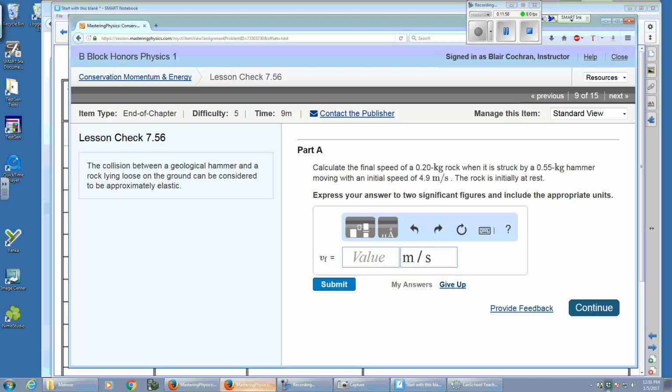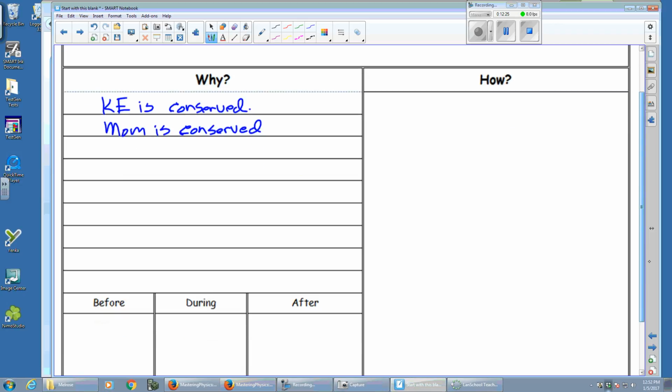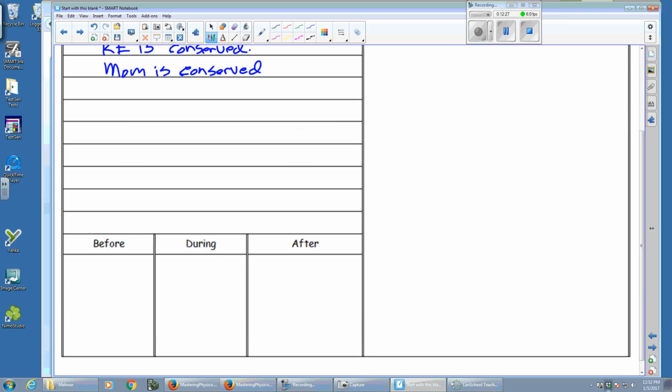And one reason I know that I have to take that into account is they don't give me actually, without kinetic energy being conserved, there's not enough information to solve the problem. So we're going to use those two facts. Now I'm going to skip doing my diagrams because I think you guys get the idea of them, and I'm worried about time.